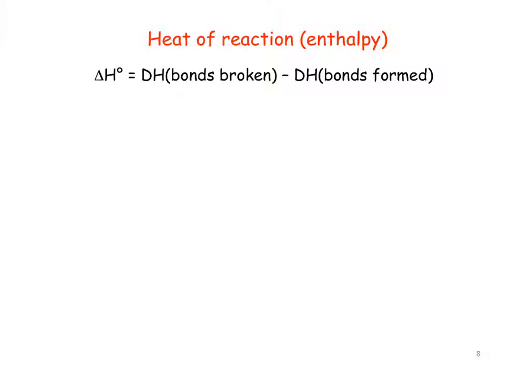So, how could we calculate the enthalpy? The entropy is harder for us to get at, but the enthalpy is oftentimes a number that we can calculate based upon some tables.